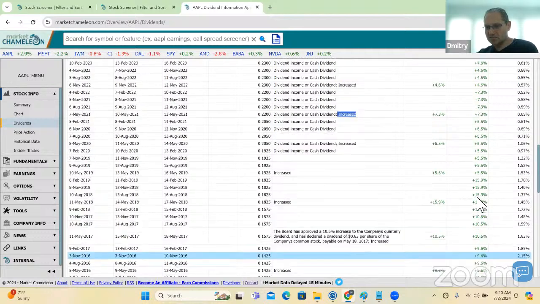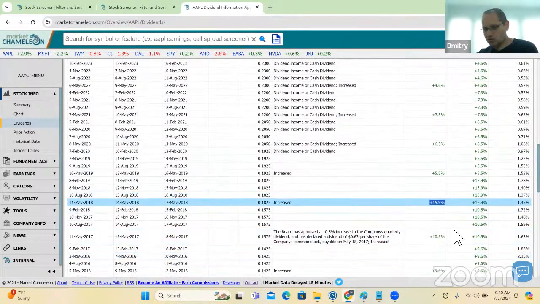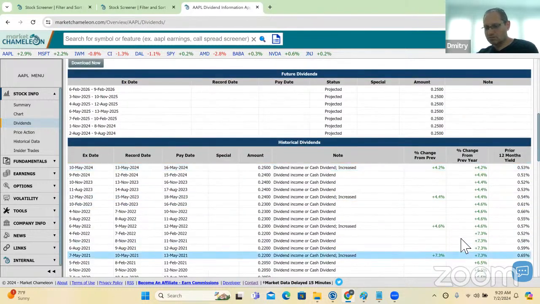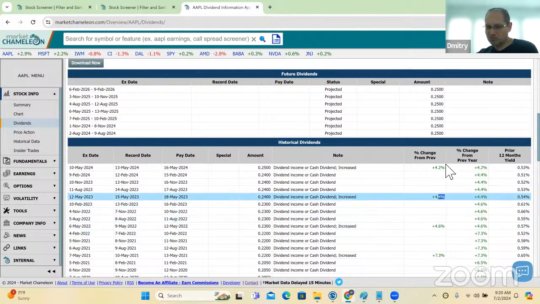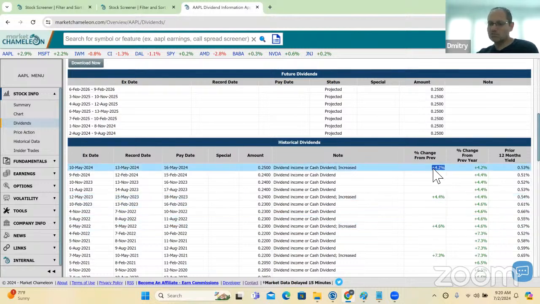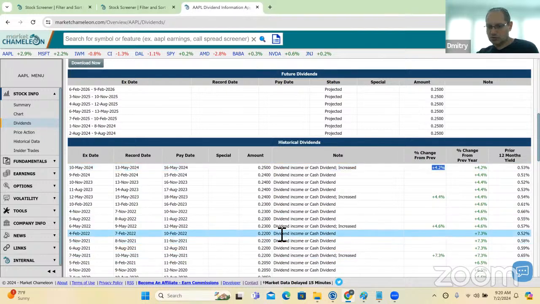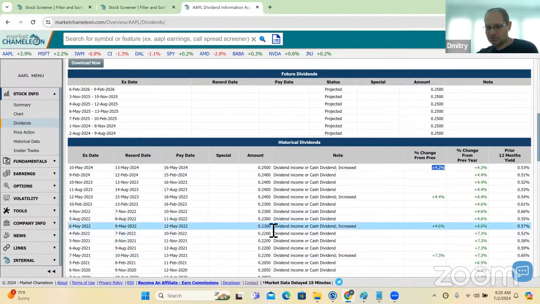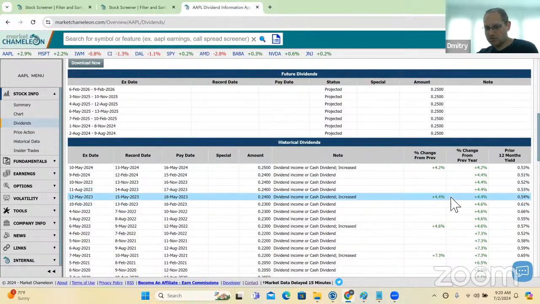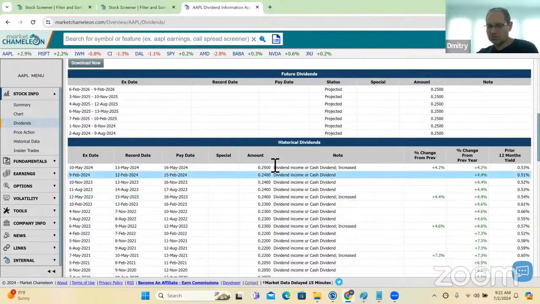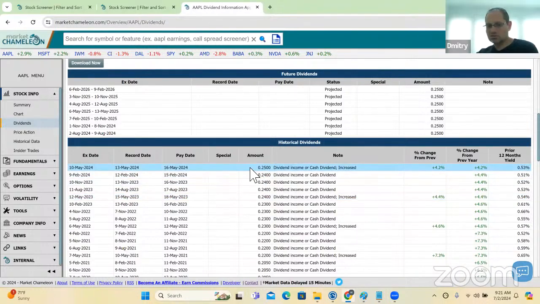Going back, you could see maybe the rate of increase has slowed down a little bit. Here they increased at 7%, 4.6%, 4.4, 4.2. And they'll pay a regular dividend throughout the year. Then around May, they've been announcing an increase. They just did an increase here on May 10th, 25 cents.